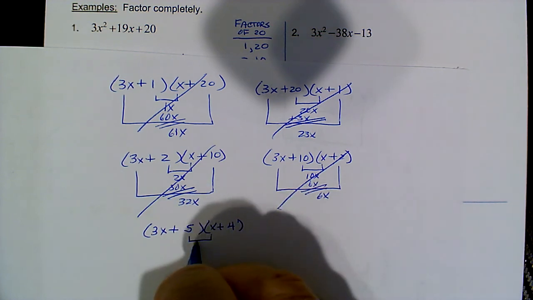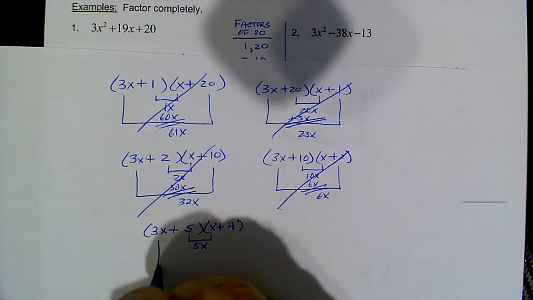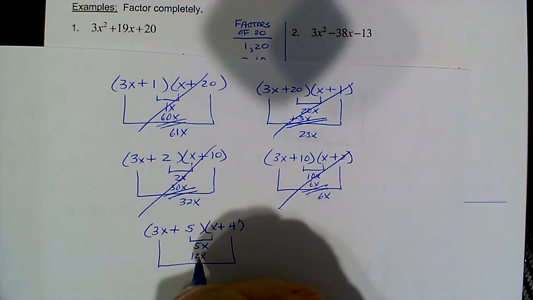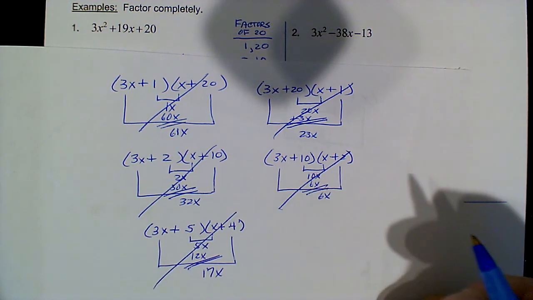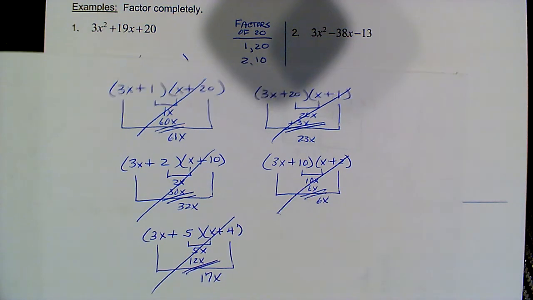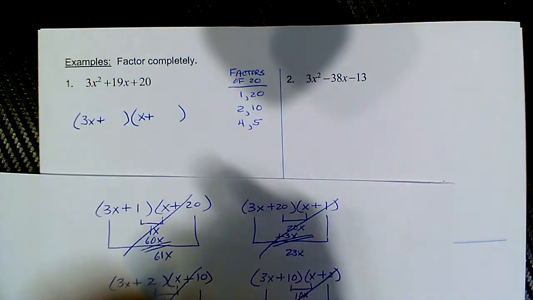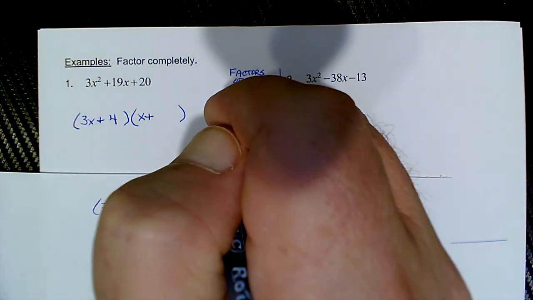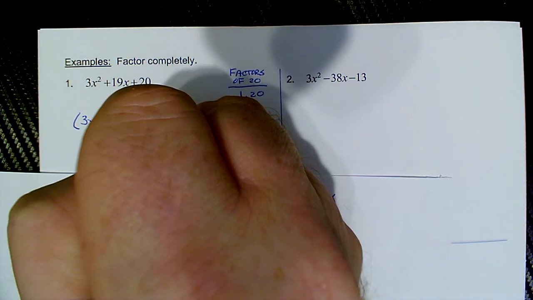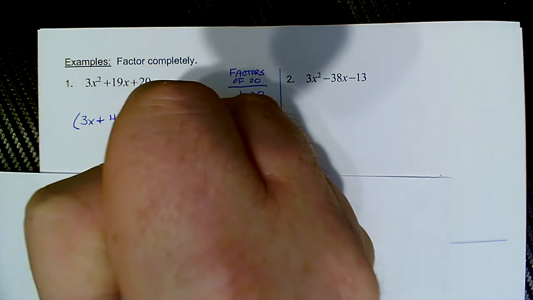Then the inners give 5x, the outers give 12x, that gives us 17x. So that's wrong. So then the final one that actually does work is if we switch those around and we put the 4 with the 3x, and the 5 with the x.